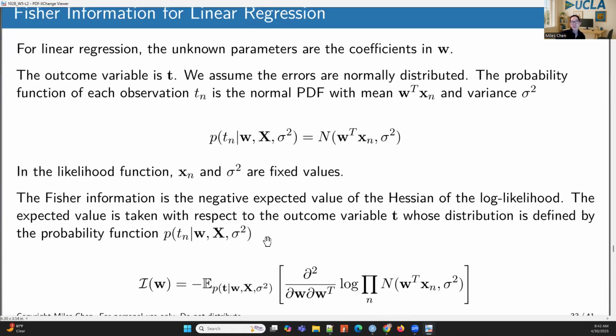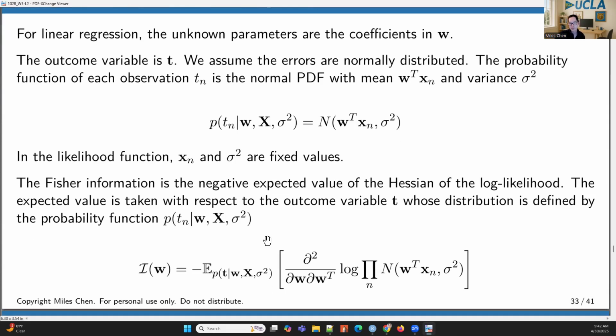So if we do this for linear regression, our likelihood function is going to be the product of a whole bunch of normal densities. We want the Hessian matrix of this log likelihood, and then we want to take the negative expected value with respect to our random variable here, which is t, centered at w times x. t is our actual observations.